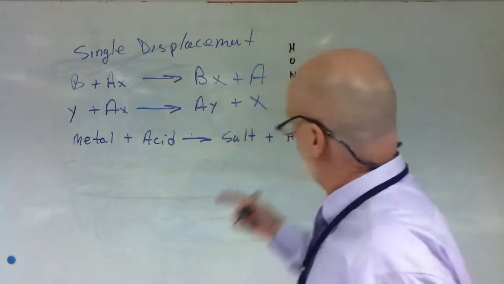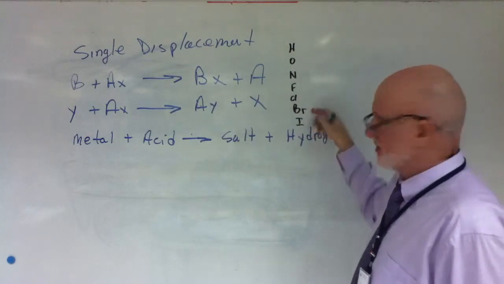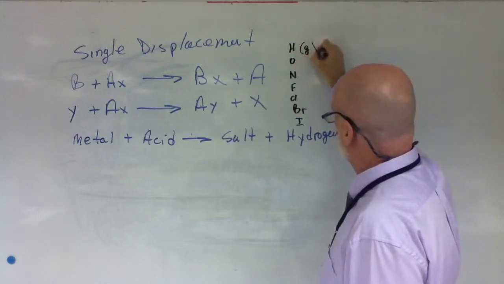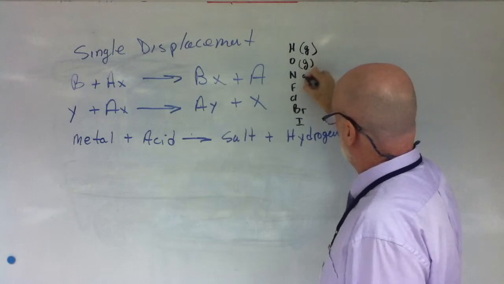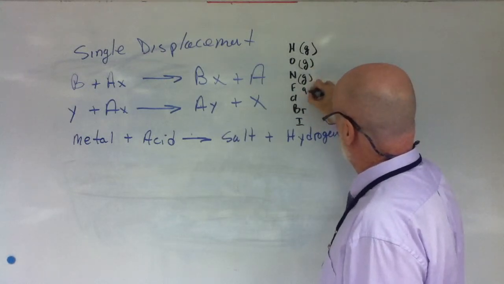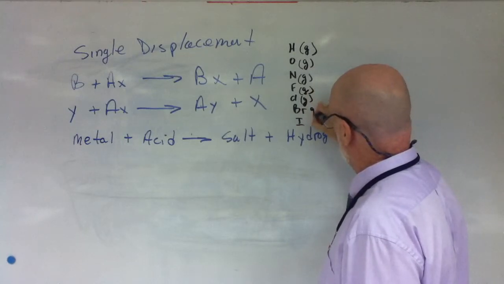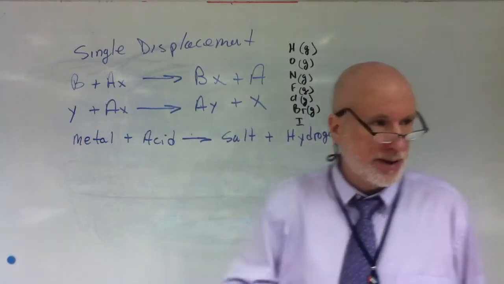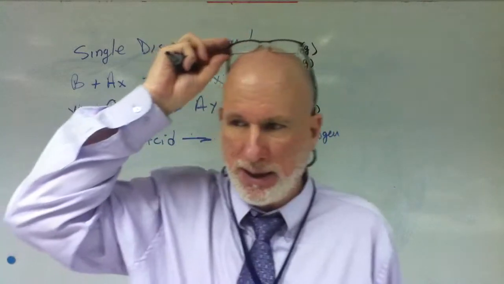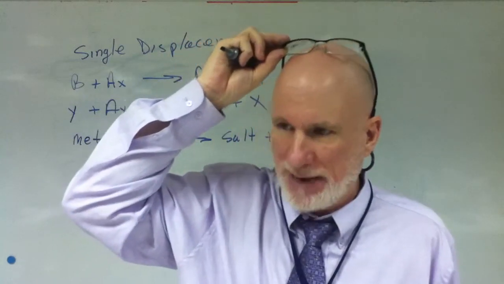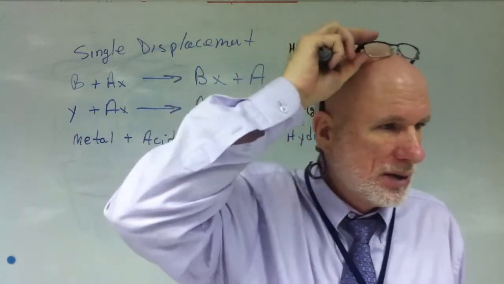So those are written this way if they're gaseous, and they're all going to be gaseous. The only ones in doubt would be bromine and iodine. At room temperature, bromine is a liquid, and it exists as monoatomic bromine, Br.